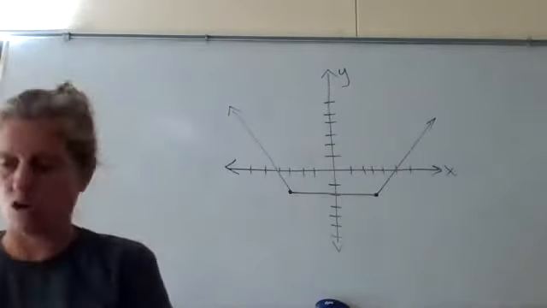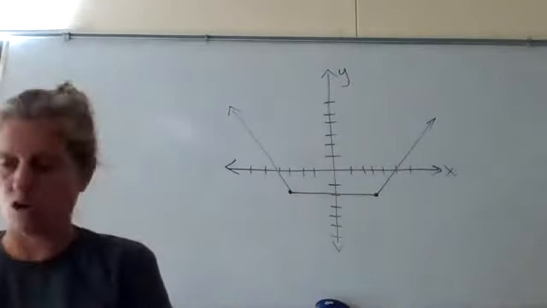So that point is at (-3, -2). This point lines up with the x-axis at +3 and the y-axis at -2. So its coordinates are (3, -2).